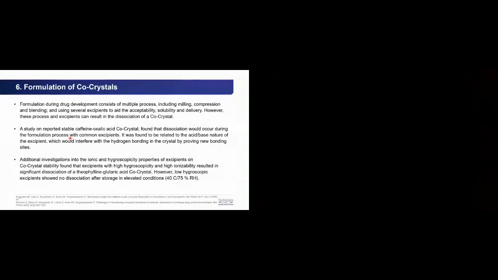So a study on the reported stable caffeine oxalic acid co-crystal found that dissociation would occur during the formulation process with commonly FDA-approved excipients. And they found that it related to the acid-base nature of the excipient. The excipient has its hydrogen bonding characteristics, and these would provide alternatives to the co-crystal. So you would have dissociation by providing alternative bonding sites. So it's important here to consider what excipient you're using.